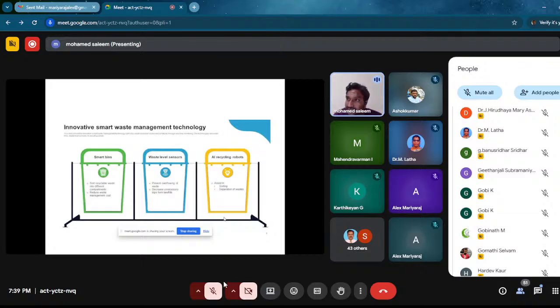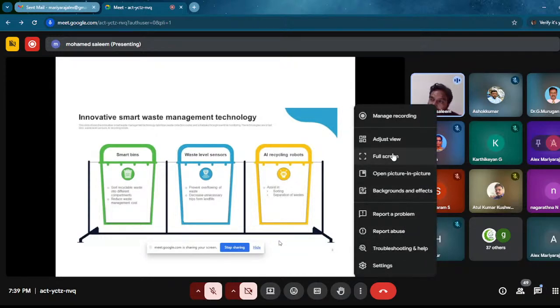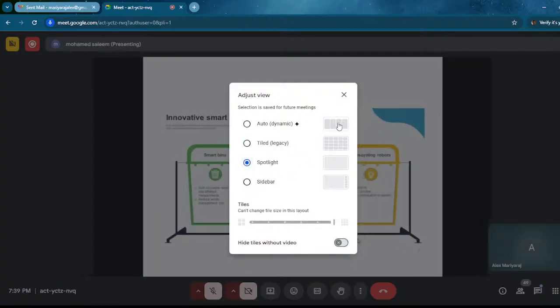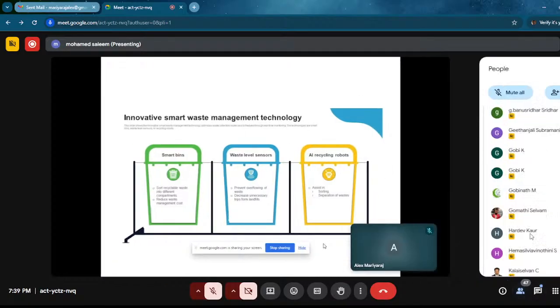In some countries, they're using smart bins, waste level sensors, and also AI recycling. Usually, with smart bins, they install different levels of segregation of the waste. For example, paper, plastic, and so on can be sorted using the smart bin technology, also with different colors.